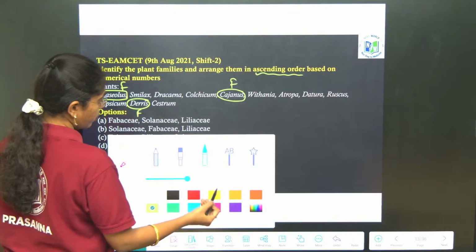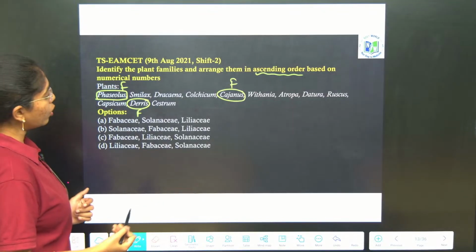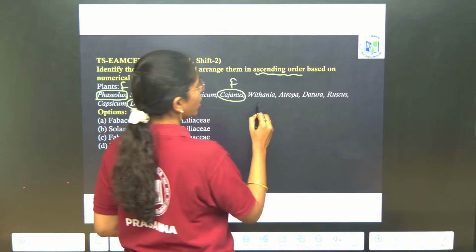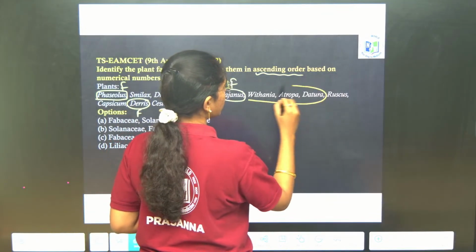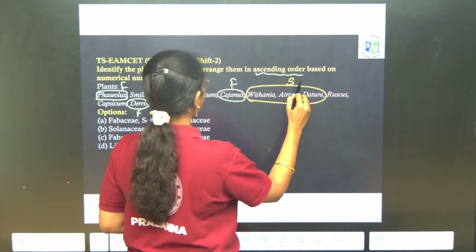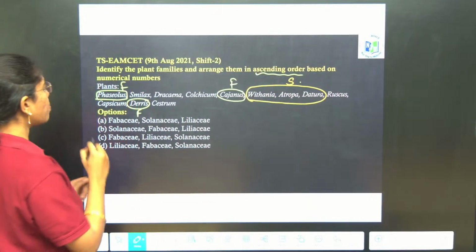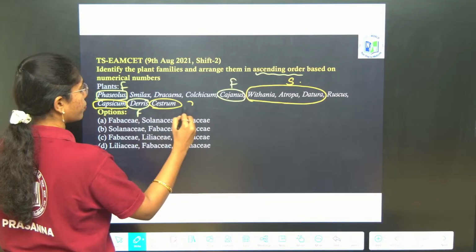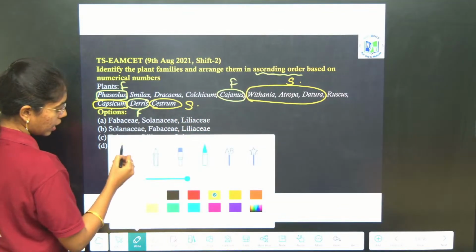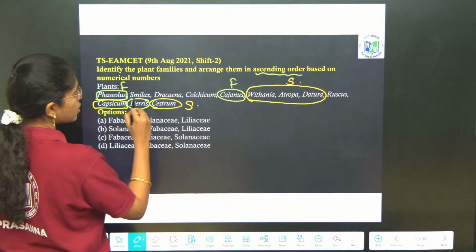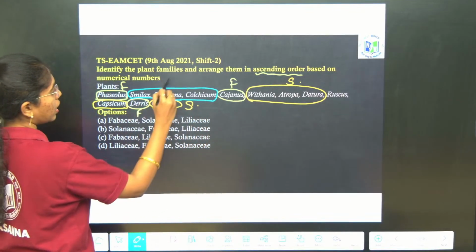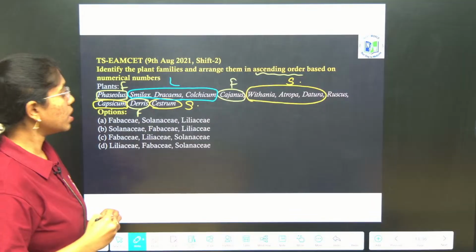And then next we will look into Solanaceae members, Withania, Atropa, Datura. These 3 are Solanaceae family members and Capsicum and Petunia are also Solanaceae members. Fine. Next Liliaceae if you see, Smilax, Dracaena, Colchicum, these 3 are Liliaceae family members.